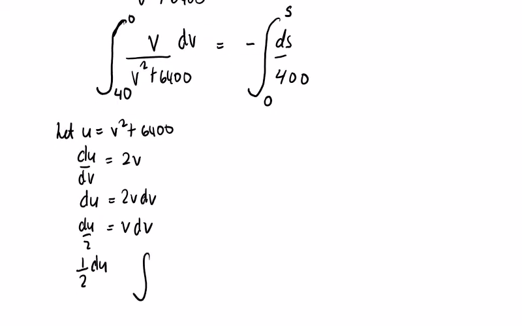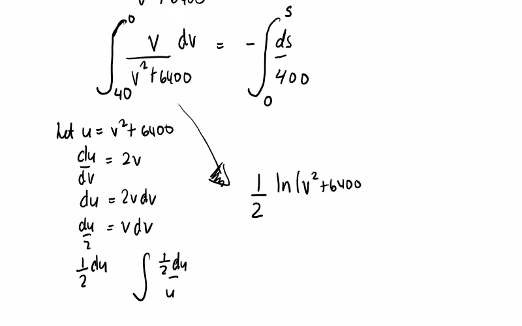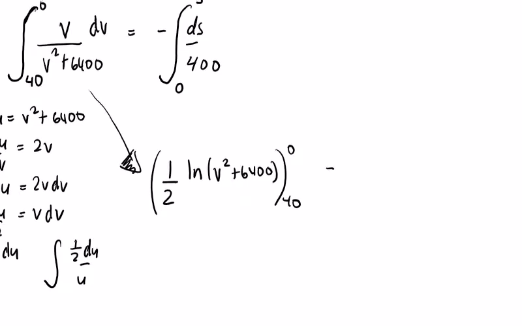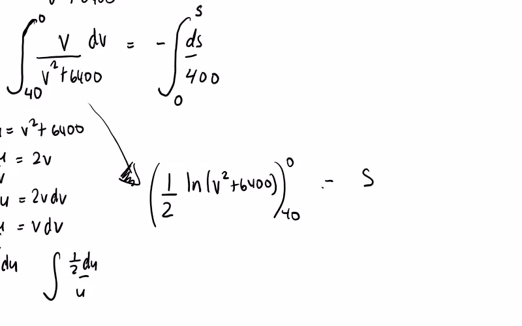So we're integrating a half du over u. So this becomes a half, and then if we integrate u on the bottom, we're going to get the natural log of u, which is the natural log of v squared plus 6400. And that's between 0 and 40. And that's going to be equal to minus s over 400 between s and 0.